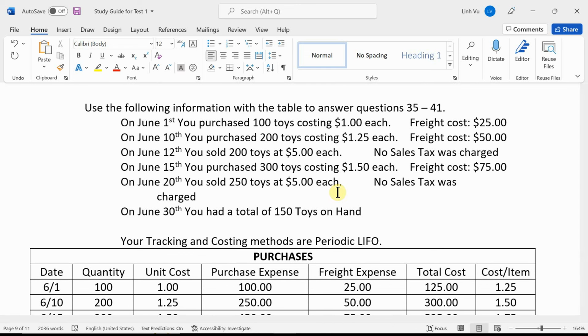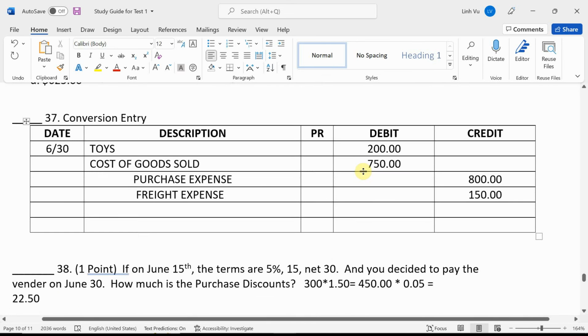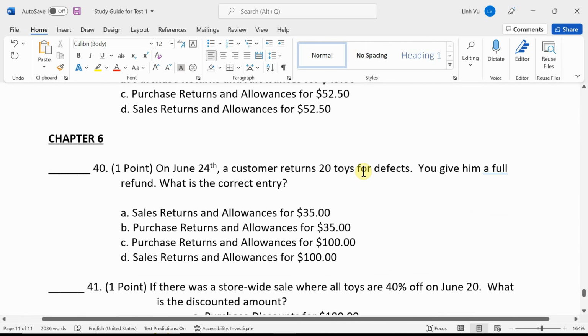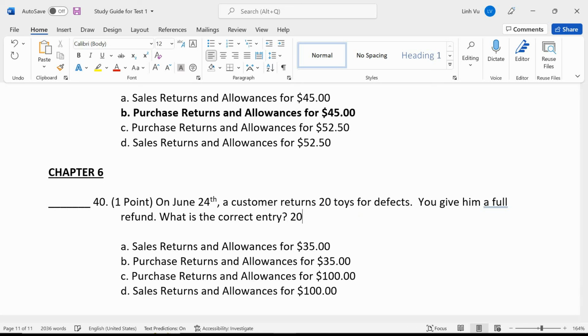Sales tax was not charged. So I sold each toy for $5 each. If this customer, on June 24th, decides to return 20 of those toys, how much is the refund going to be? It's $100 returns on the sale.